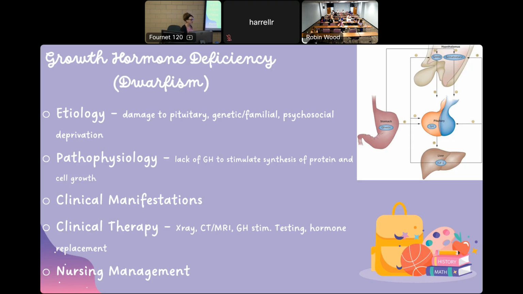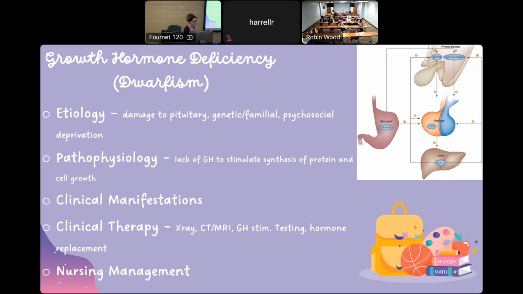So if the bones are not growing at the same rate that they should in comparison to that child's chronological age, then that's another check mark that we're potentially dealing with a growth hormone deficiency problem here. And like I said, CT, MRI, just to make sure we rule out any tumors, brain tumors, or brain lesions that could be causing the problem.